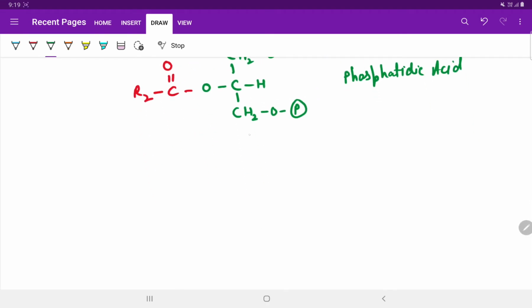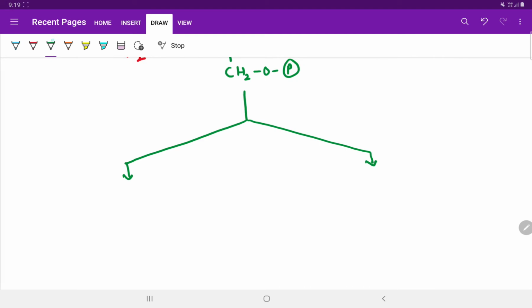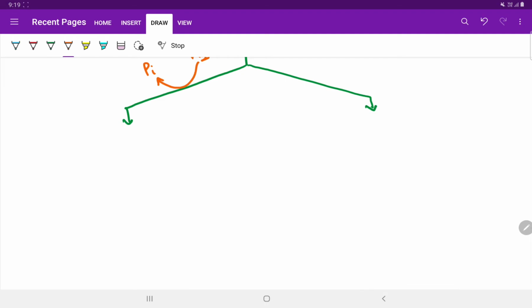The phosphatidic acid is converted into two different molecules. The first molecule is formed in the presence of one water. This is a hydration reaction and leads to formation of 1,2-diacylglycerol.